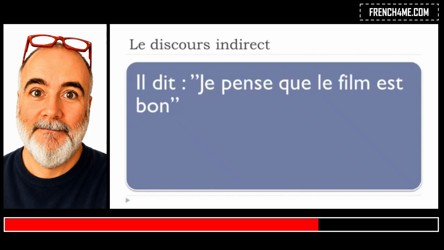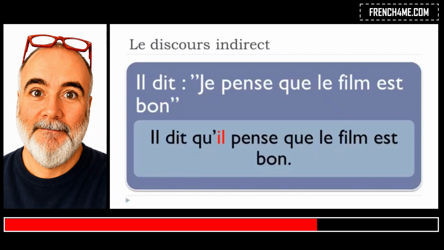If you want to modify this sentence, of course, you will have to change it a little bit, because it's not possible to say il dit que je. The subject, it's not possible to continue with je in that case, because you will have to modify it and adapt it. So in that case, it should be il.